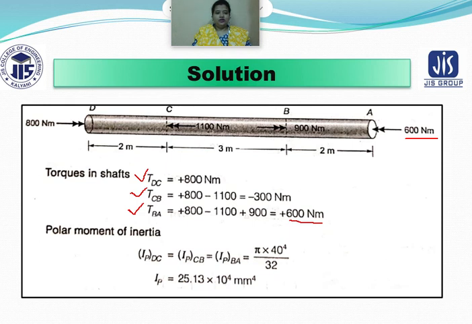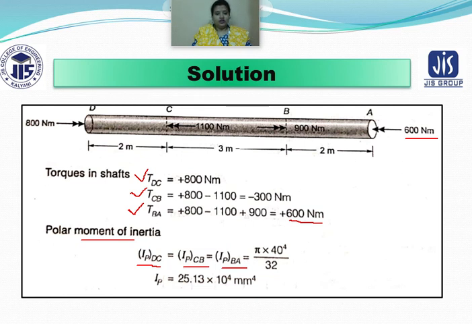After that what you are going to do is calculate the polar moment of inertia. Since the shaft is in series, the polar moment of inertia for DC bar, CB bar and BA bar are all the same. And the diameter is also the same, because initially it has been told 40 millimeter.